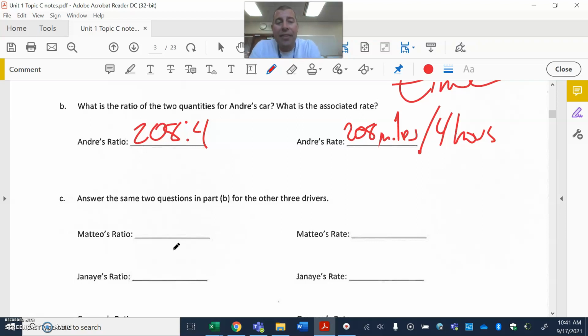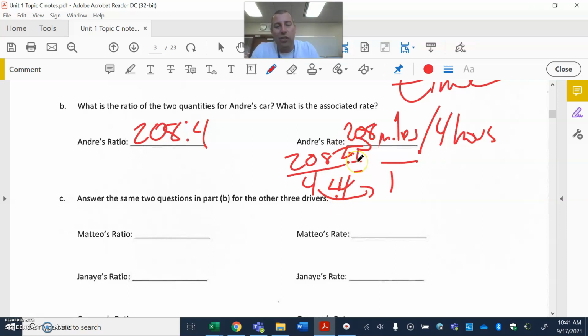That's our denominator. This is why we also like the fraction technique here, so we can see the bottom number is a 1 and we can see that we're dividing by a 4. So 208 divided by 4 is 52. 52 miles.